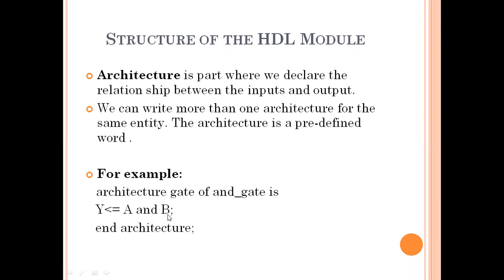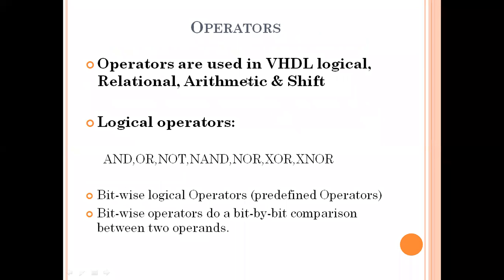So we execute the operation between the operands already declared in the entity, in the architecture body. End this statement with a semicolon. After the end of your architecture body, write end architecture, and also write the name of the architecture body.